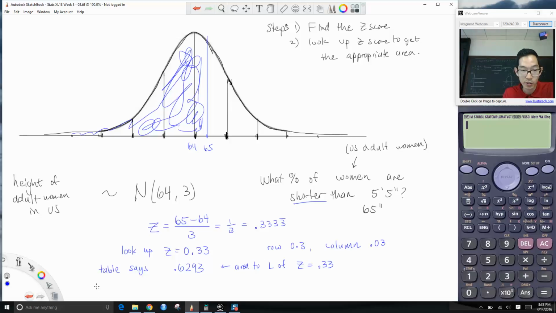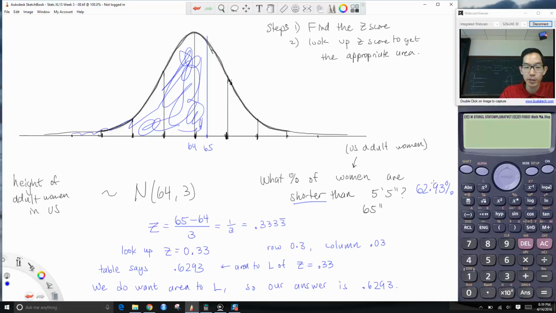So our answer is 0.6293. What percentage of women are shorter than 5'5"? We would say 62.93%, or 63%, that's probably good enough.